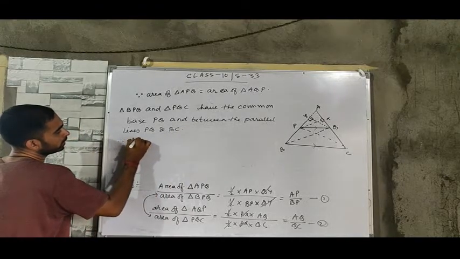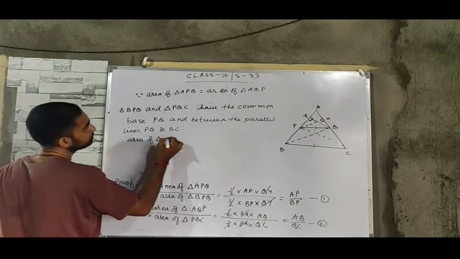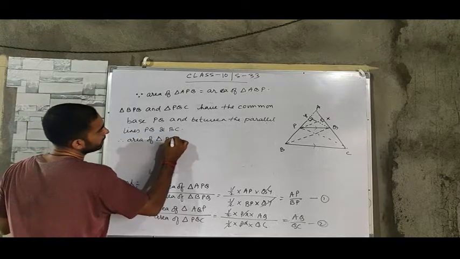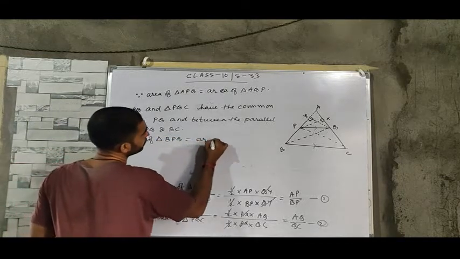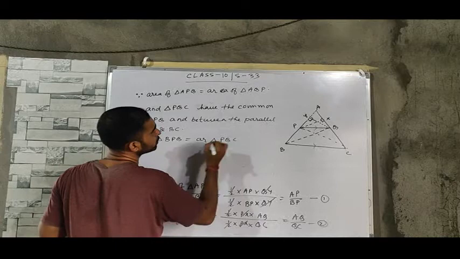Therefore, area of triangle BPQ equals area of triangle PQC.